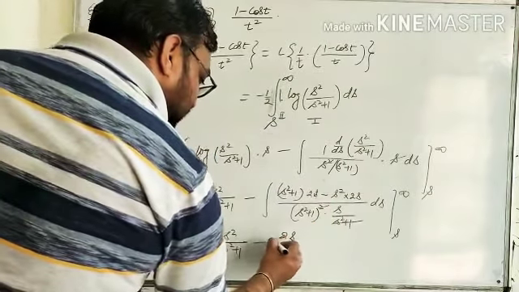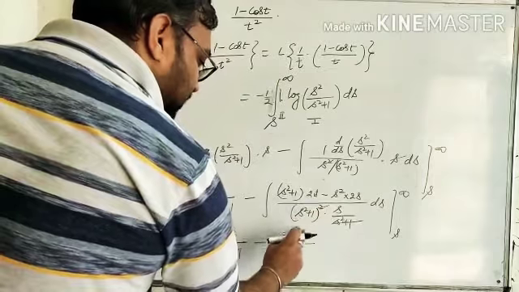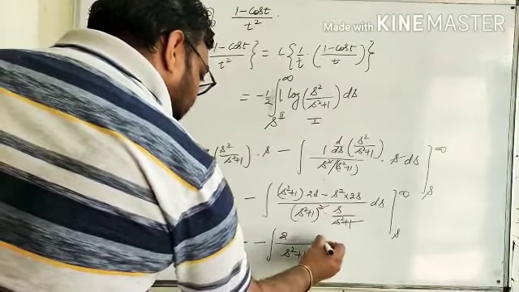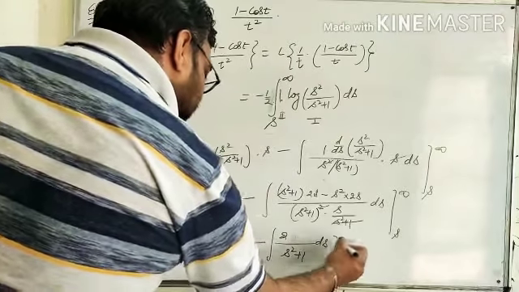So 2s upon s into (s square plus 1), or we can write it as the integral of 2 upon (s square plus 1) ds under the limit s to infinity.